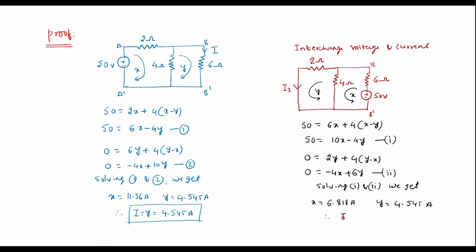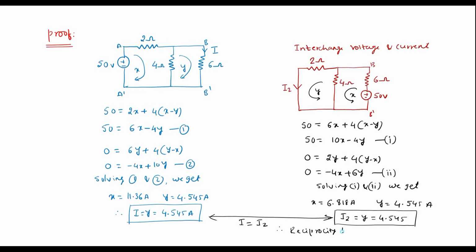So therefore here I2 is nothing but y, which is 4.545. So from these two equations, I is equal to I2. So therefore reciprocity theorem is proved.